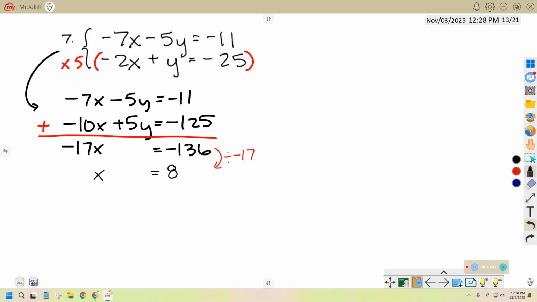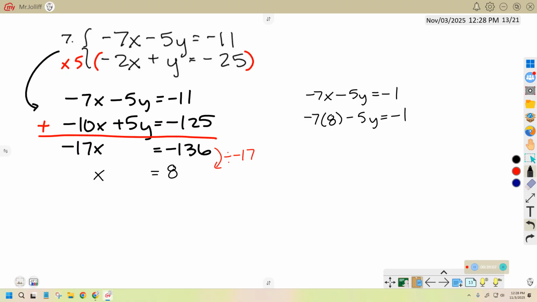Next step. What do I do next? So negative 7x minus 5y equals negative 11. Everywhere I see an x, it becomes an 8. In other words, we're substituting. Very good.